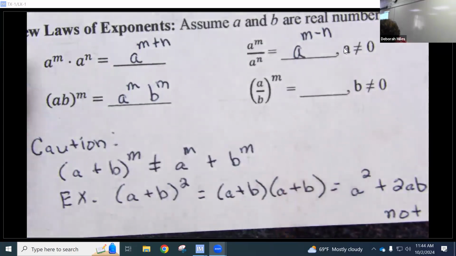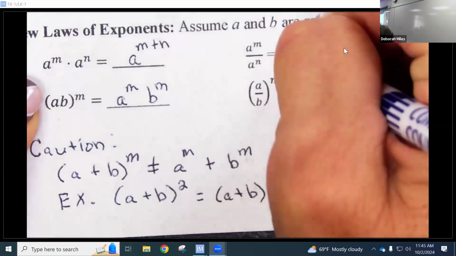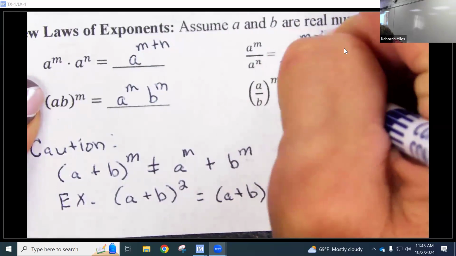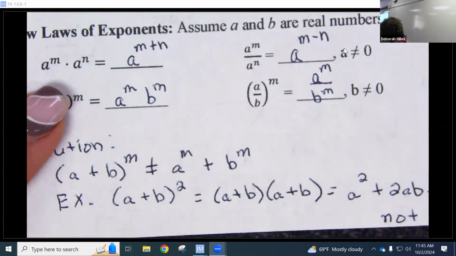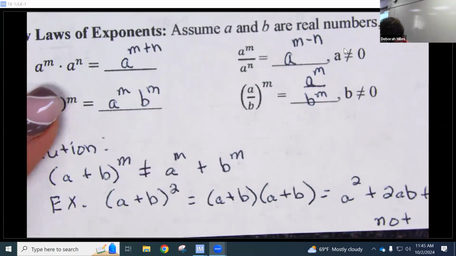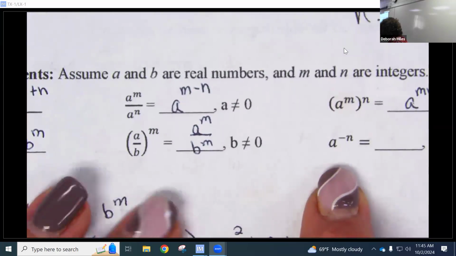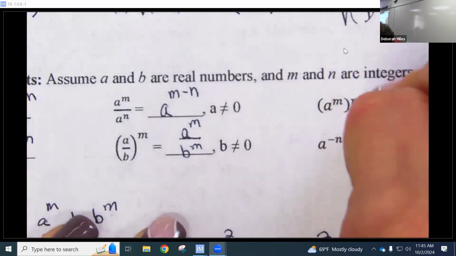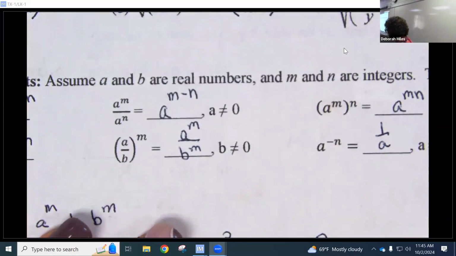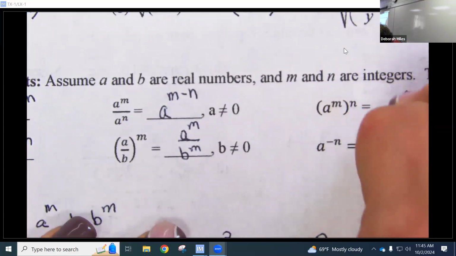Fifth property, when you have a fraction to an exponent, you can just raise the numerator to the exponent and the denominator to the exponent. And then what did you tell me about negative exponent? What R word pops in your head? Taking the reciprocal of the base, that would be 1 over A, makes the exponent positive.